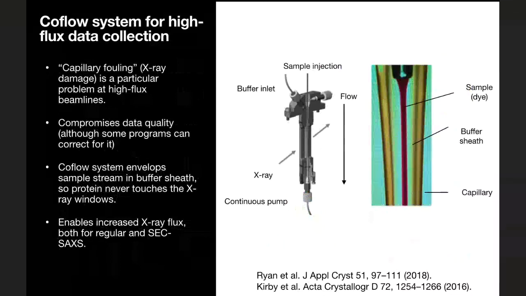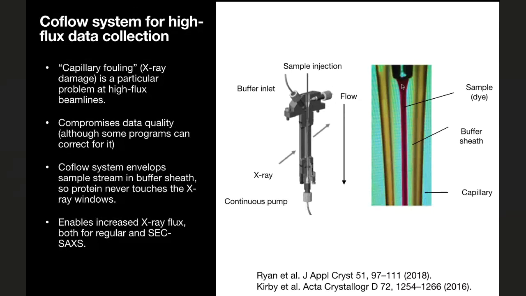Okay, so I've mentioned this co-flow system a couple of times. And, as I said, one of the issues with SEC-SAXS can be capillary fouling or radiation damage, which is a problem particularly at high flux beamlines. And this can compromise data quality for sure. So this co-flow system is a way of getting around that.